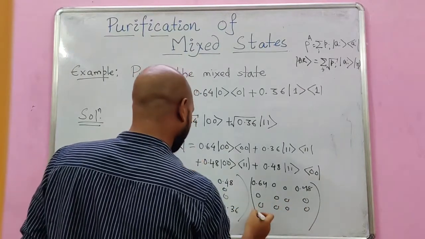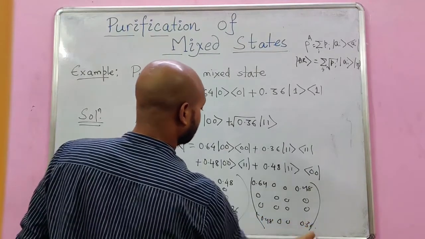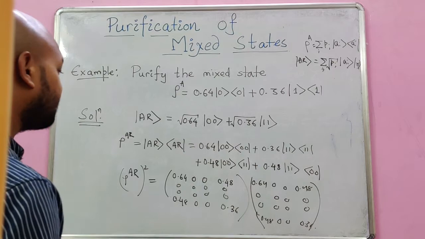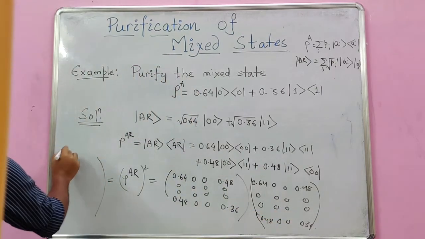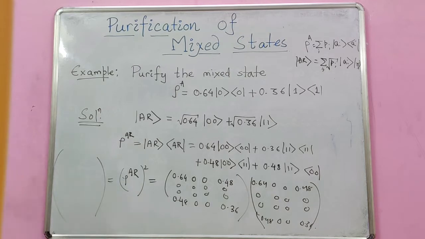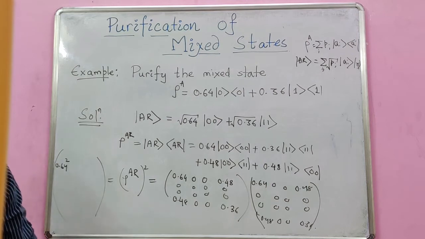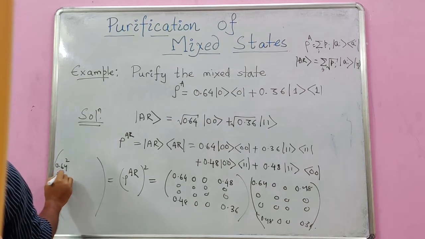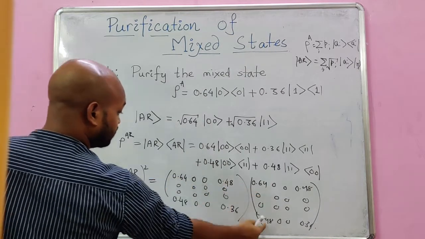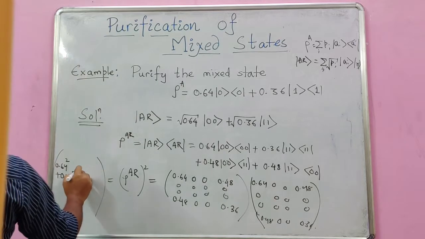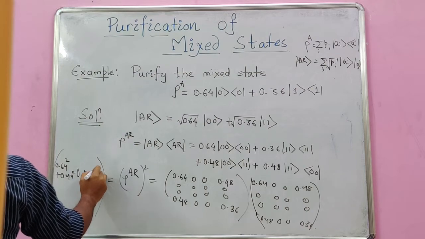The multiplication of these two turns out to be the following: 0.64 squared plus 0.48 squared, and so on.